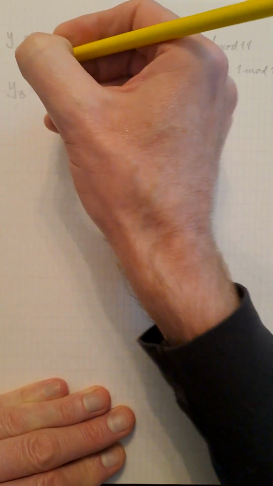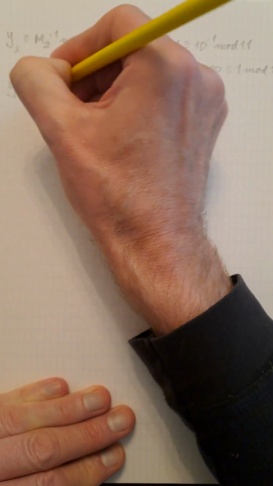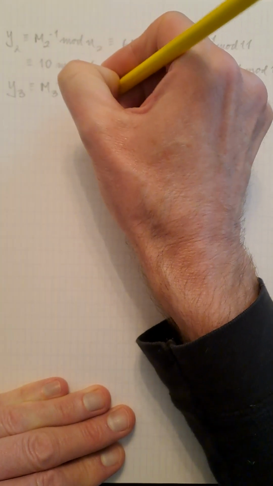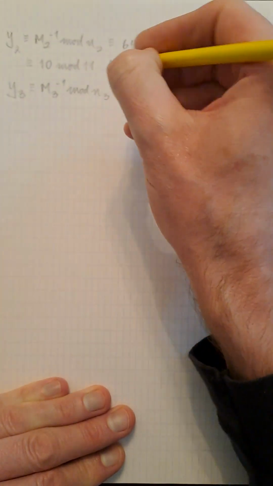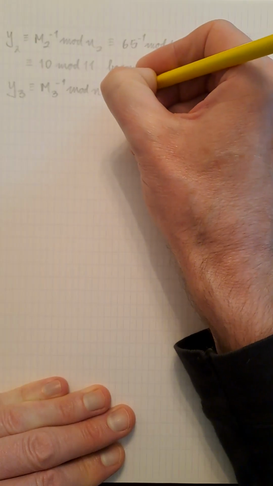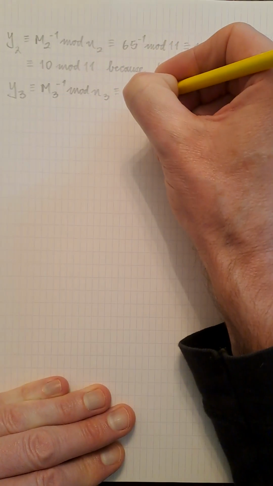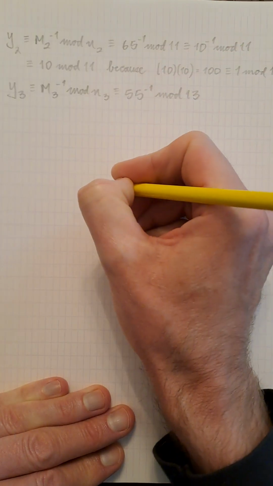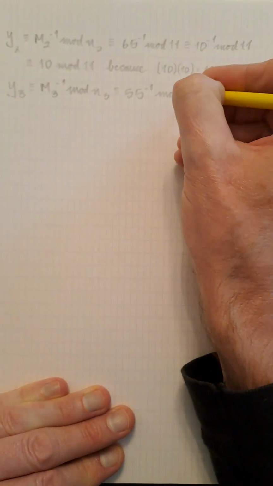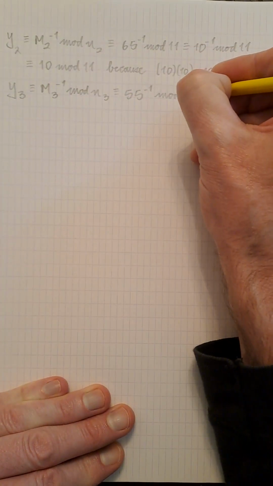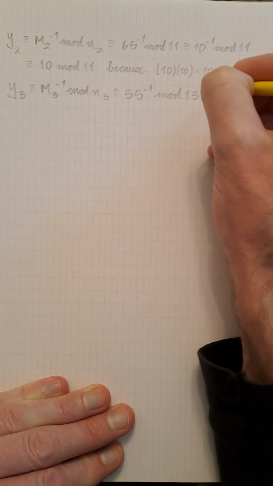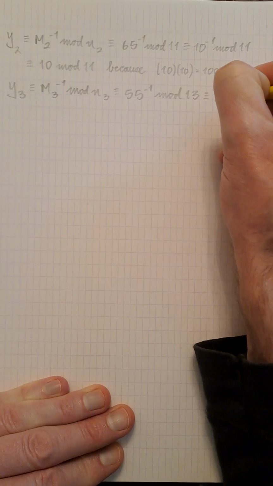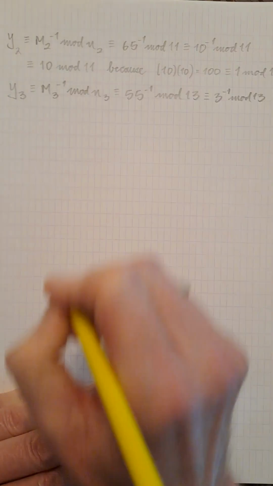Y3 is congruent to M3 inverse mod N3, which of course for us is congruent to 55 inverse mod 13. And 13 divides into 52. So that's congruent to 3 inverse mod 13.